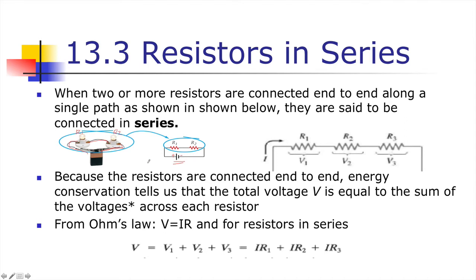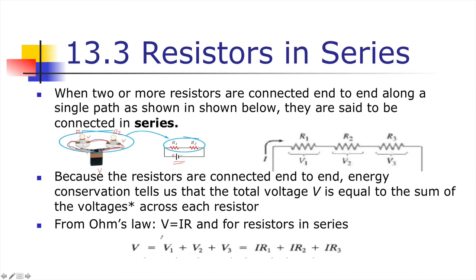Okay, from conservation of energy, the total amount of voltage that you have in a series circuit is equal to the amount of energy, or voltage, dissipated in the first resistance plus the amount dissipated in the second.